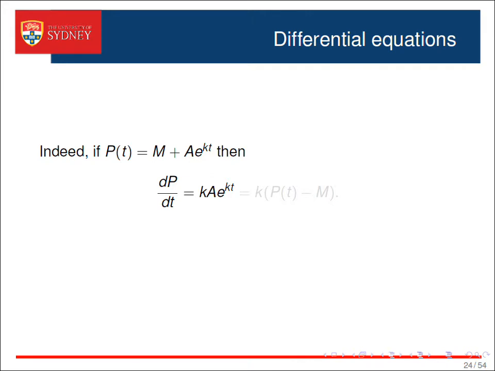If we differentiate, the m goes away. Remember, it's a constant. And the chain rule brings a k down in front of the a e to the kt. But a e to the kt is p minus m, so dp/dt equals k times (p minus m), as required.